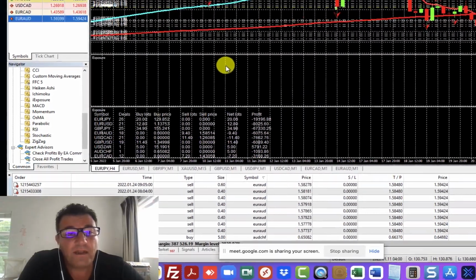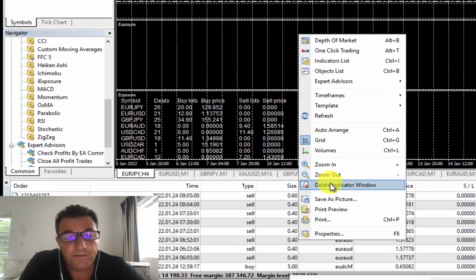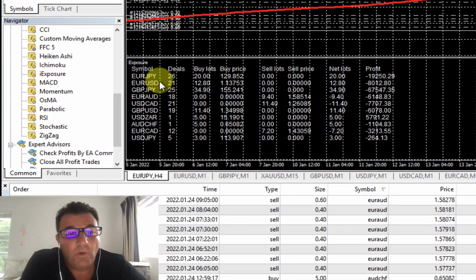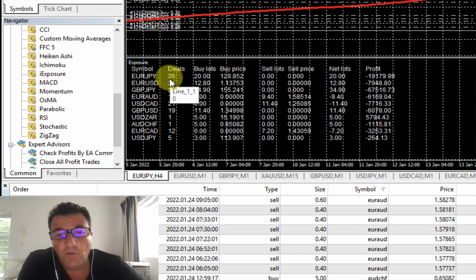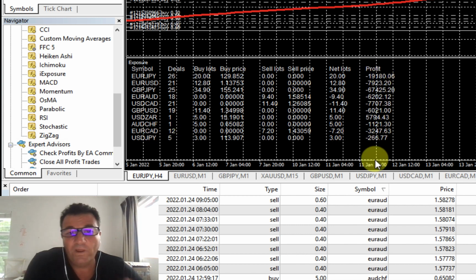And then right click in the empty iExposure field and then say delete indicator. And it shows you what your open deals are. So EJ's got 26 open deals, and you can see what currency is holding your drawdown, where your drawdown is coming from.